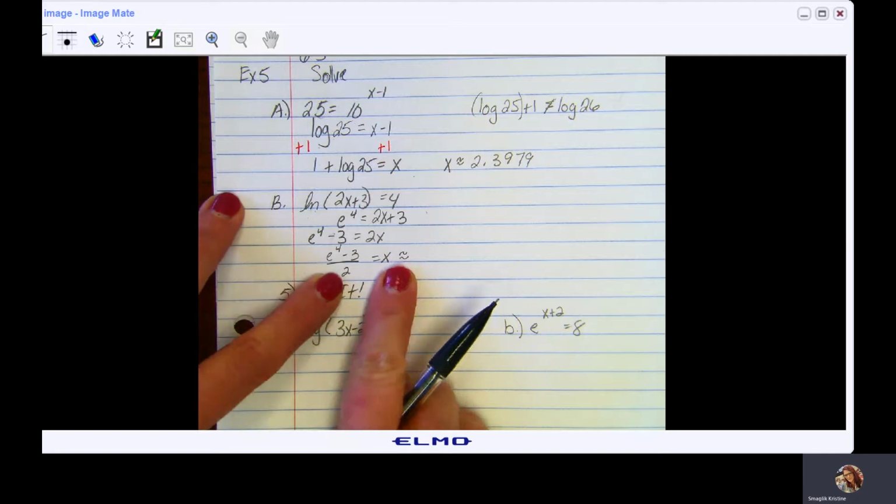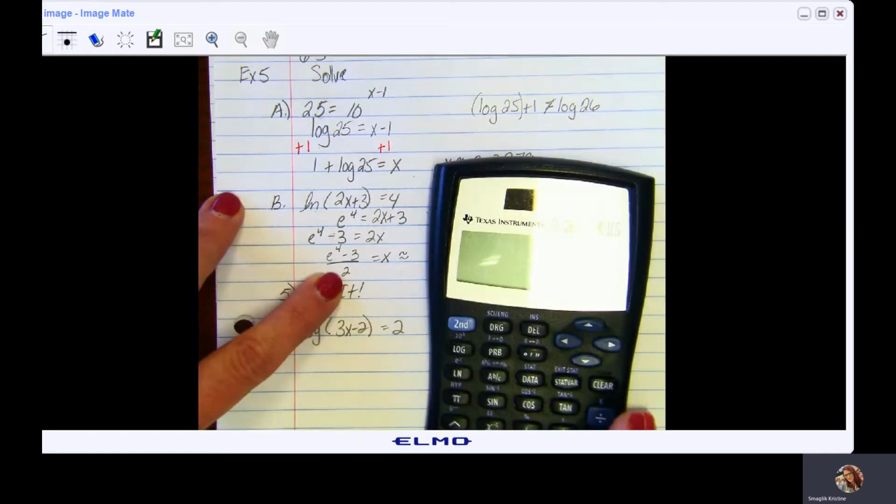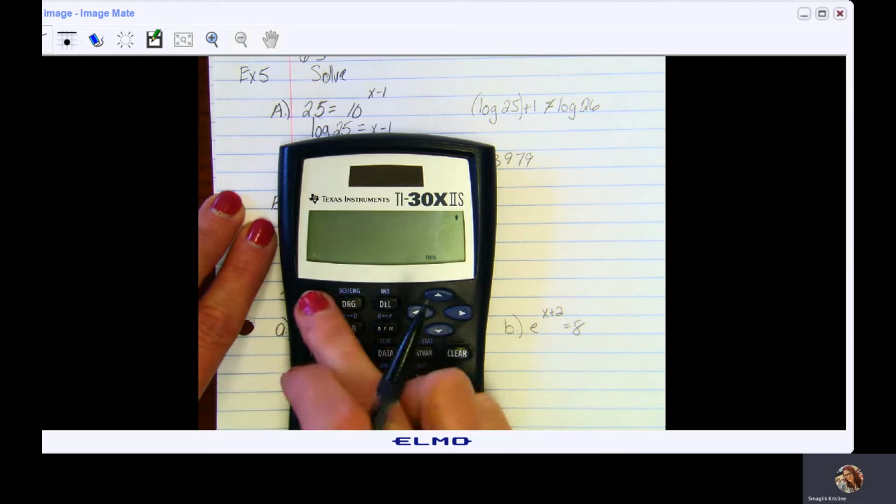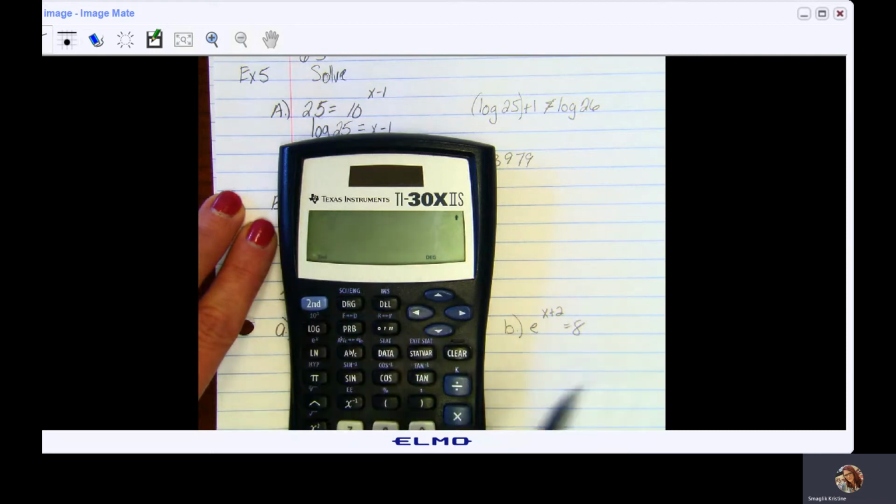Let's go ahead and put this in the calculator. I'm going to take e to the 4th. Second, where's the ln button? Here it is. E to the x is right above it. E to the x to the 4th. Close your parentheses. Equals.